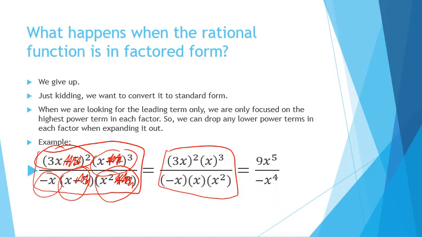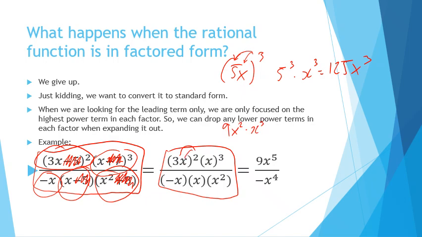So this is what it should simplify to. Remember, when you have, let's say, 5x and this is cubed, you have to cube both terms there. So this would be 5 cubed times x cubed, which is 125x cubed. So in this case, we're going to have to square the 3 and the x to get 9x squared times x cubed.